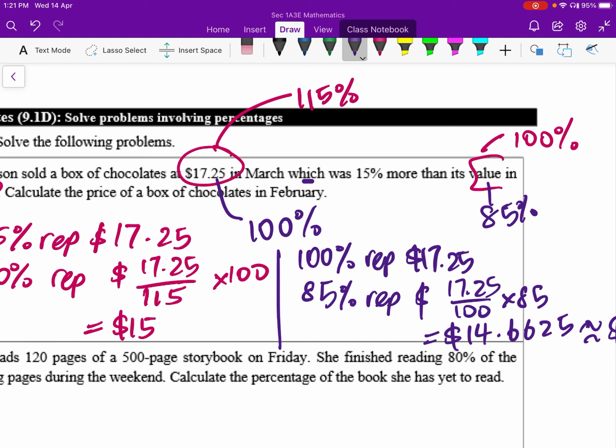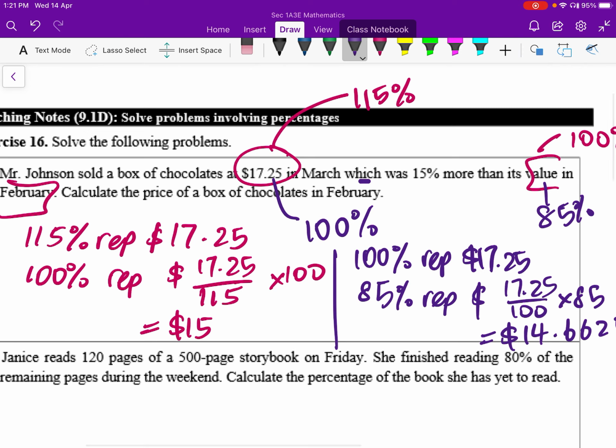Here they say that this 17.25 is 15% more. More than what? More than the value in February. Whatever they are comparing with, that is the original, and that will be the 100%. Just like that. Okay?